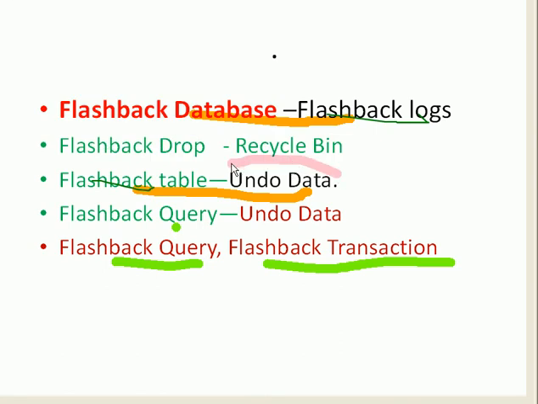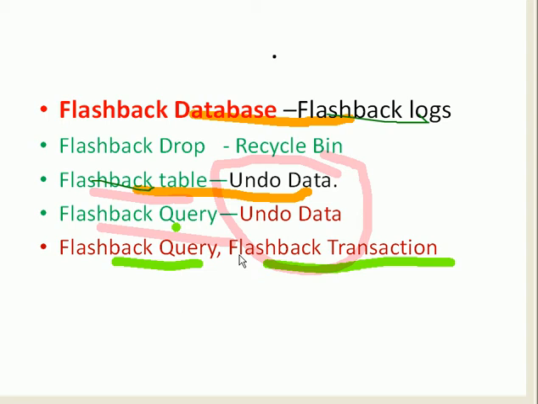The undo data is very much required for the flashback table facility and the flashback query facility. Flashback query has facilities like version query, and there's a transaction query table where all the details of transactions are stored. We will see that later.